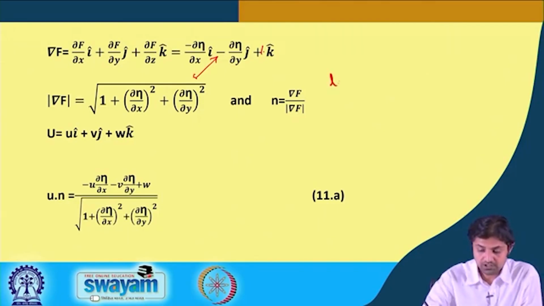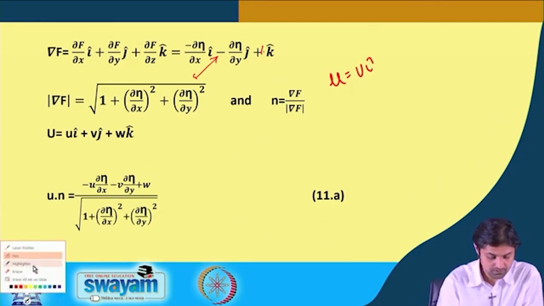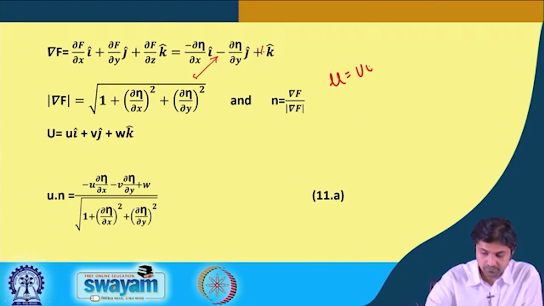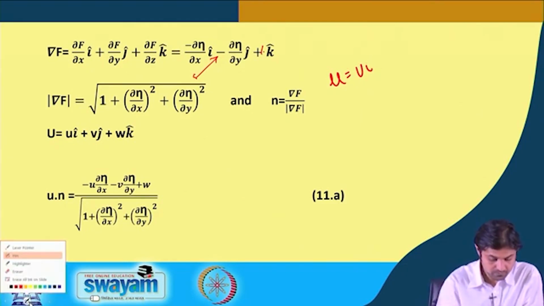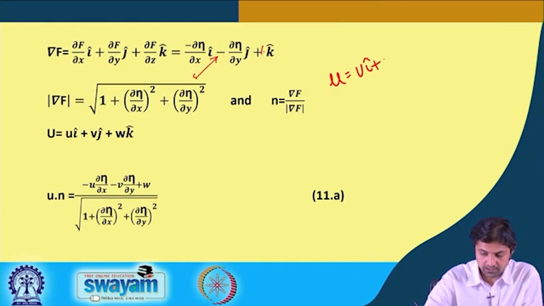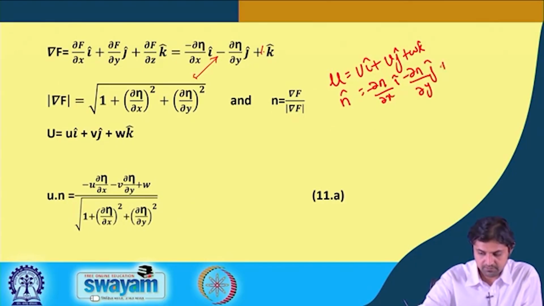So u is ui plus vj plus wk, and n cap is minus del eta del x i cap minus del eta del y j cap plus k cap.